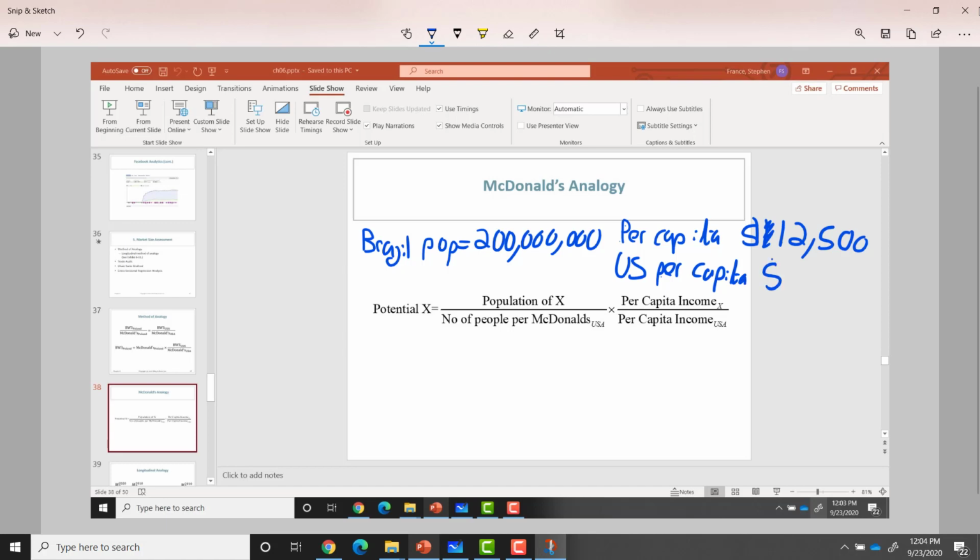Now notice these aren't the exact figures. I've made them so that the calculation's easy and we don't have to use a calculator. And we have that at McDonald's in the US, McDonald's every 20,000 people.